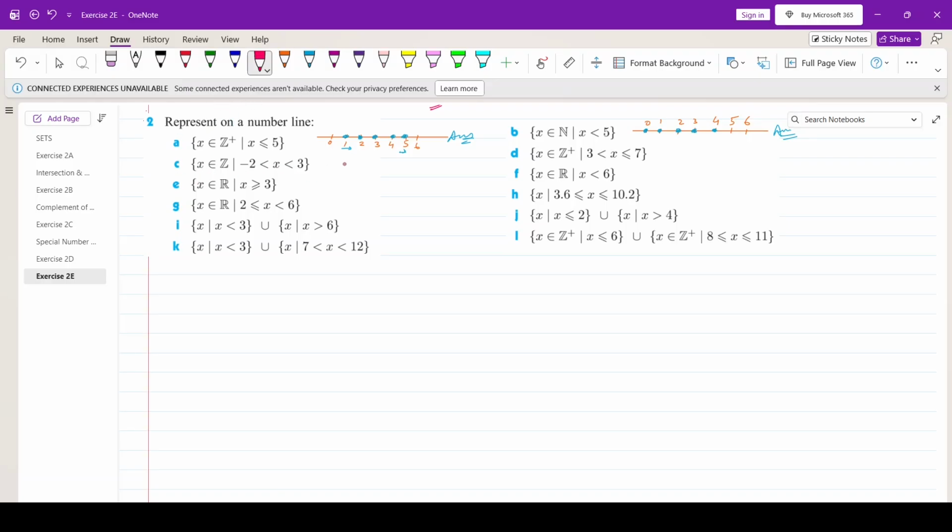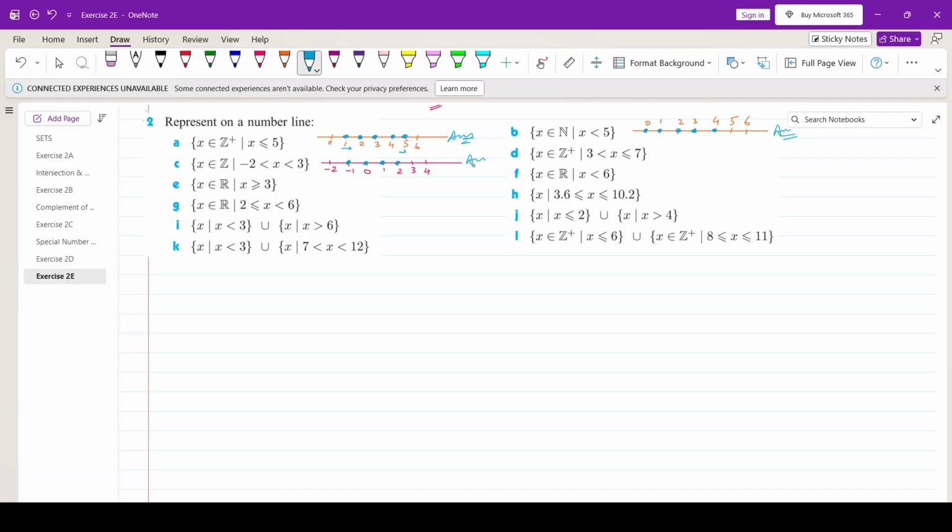Part C, a set of all x such that x is an integer greater than -2 and less than 3. The integers greater than -2 start from -1, 0, 1 and 2, and less than 3 means up to 2.